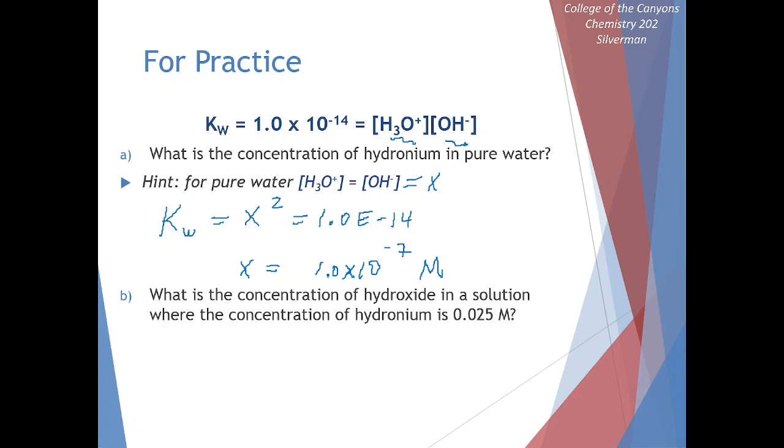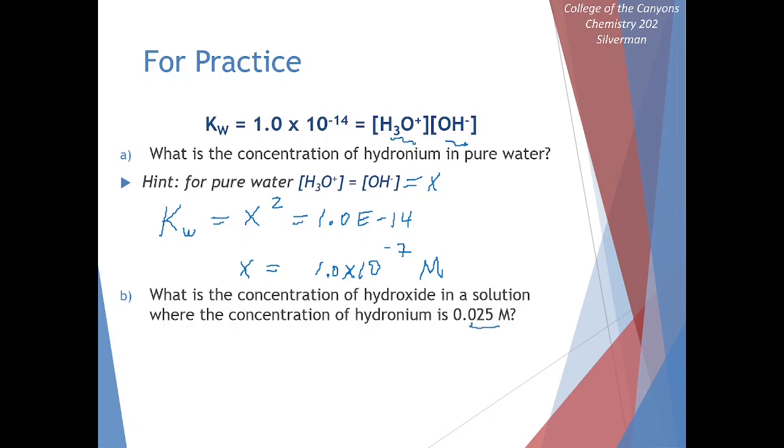What's nice here, this equation for Kw, it's true when we have pure water. It is also going to hold true in any aqueous solution. We'll talk about why that's the case maybe later on, but for right now, maybe you can just trust here, our Kw equation is going to be true for any aqueous solution.